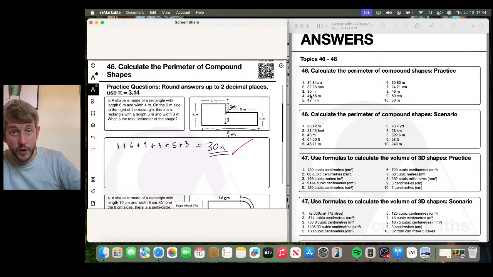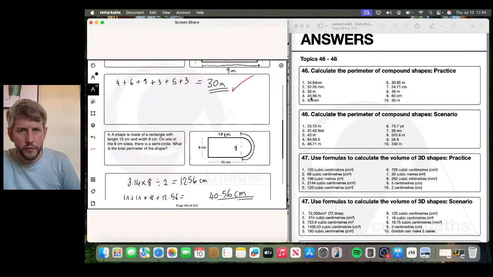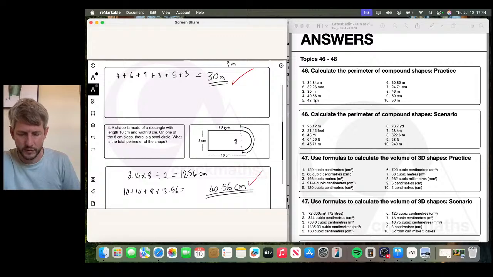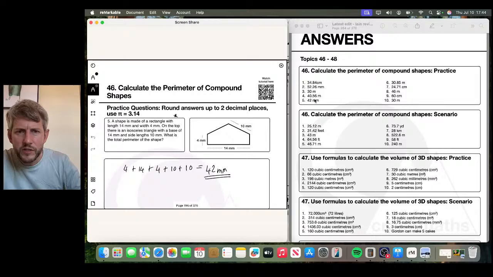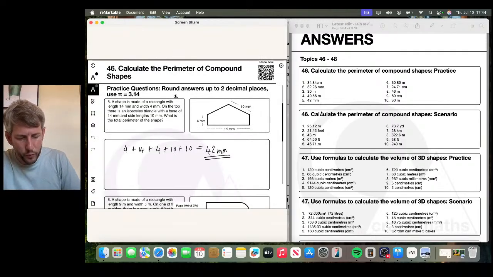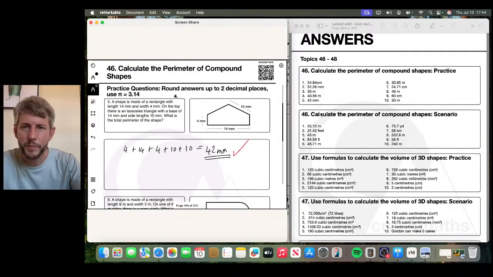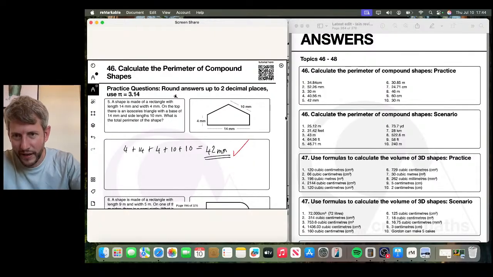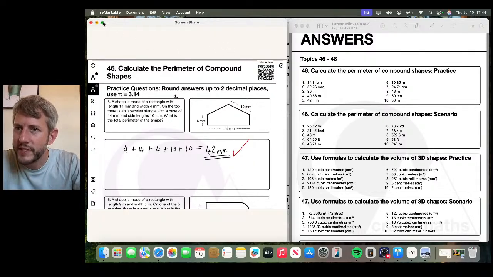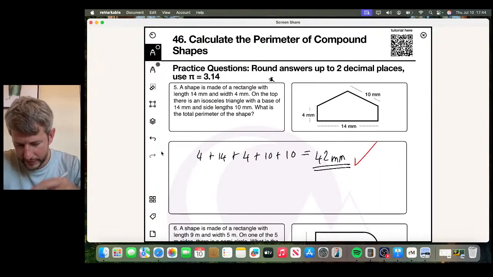That agrees also. Question 4, we've got 40.56. And then question 5, we've got 42 millimeters. Perfect. So all of the answers are correct there. So we can continue on with the second round of 5.